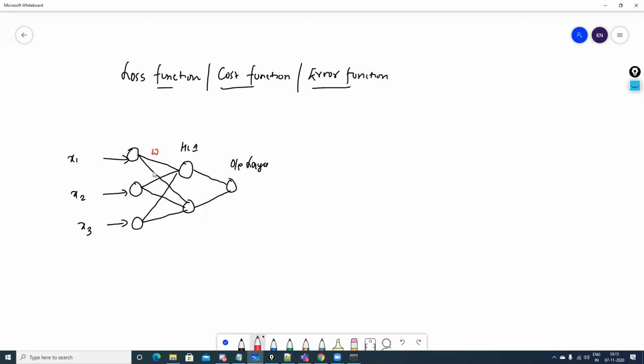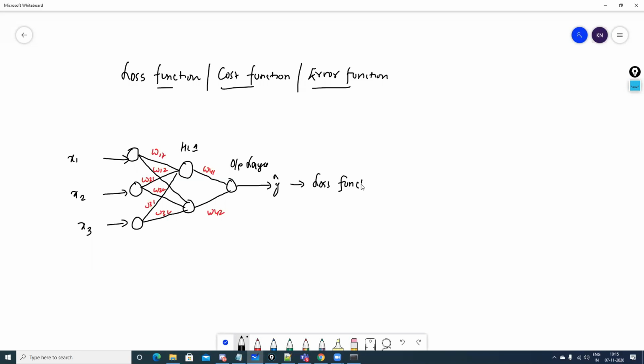We have weights like w11, w12, then you have w21, w22, then you have w31, w32, and similarly here the other weights will be assigned, so something like w41, w42, right? And finally I get my output layer. This output layer is nothing but y hat, and after this we compute the loss function.